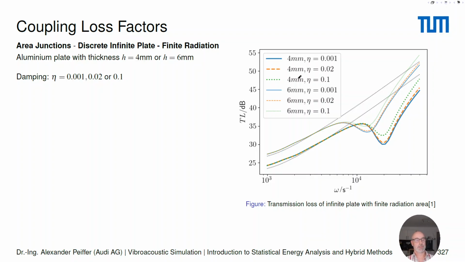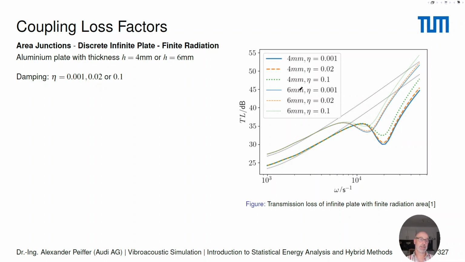For 4 millimeters, the coincidence happens here around 20,000 radians per second. And you see that if you increase the damping, this dip is the coincidence dip. So this is where the plate becomes a good radiator. A good way to do something against that is to introduce damping. So the higher the damping, the smaller the coincidence dip.